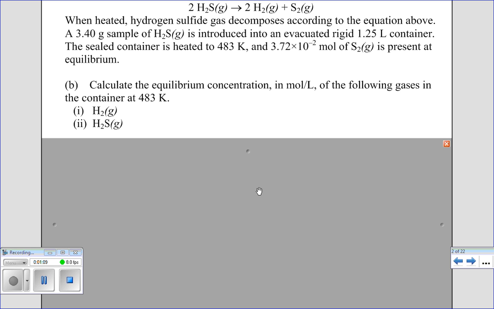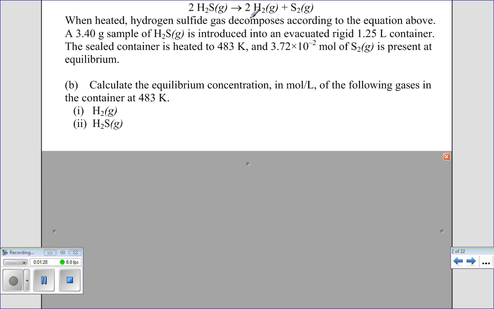Then the next question is we have to find the equilibrium concentration in moles per liter, which is molarity, capital M, of the following gases in the container at 483 Kelvin, H2 and H2S. So the first thing that we can notice is that according to our equation, H2 and S2 have a 2-to-1 relationship. So however many moles of S2 I made, which is this number, I'm going to have twice as many moles of H2.